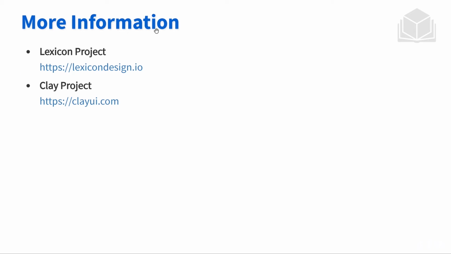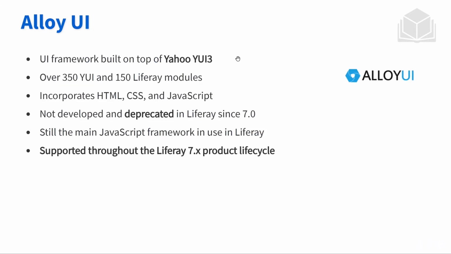Next up, we have Alloy UI. Alloy UI is a UI framework built on top of Yahoo YUI 3. It also incorporates HTML, CSS, and JavaScript. It's active, you can still use it, but we actually haven't developed upon it since Liferay 7.0. We've deprecated it in Liferay 7.1 and forward.